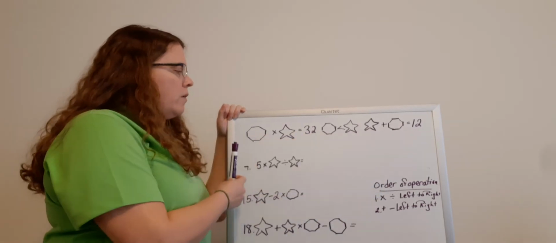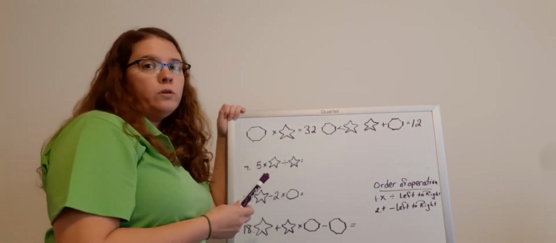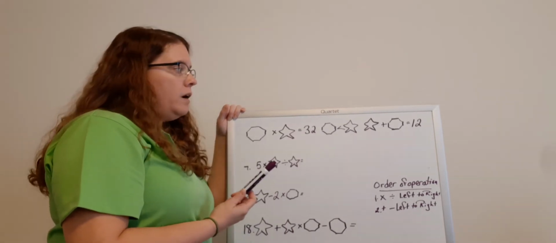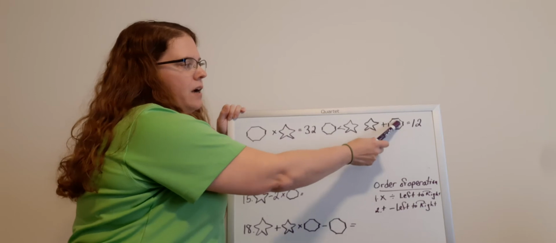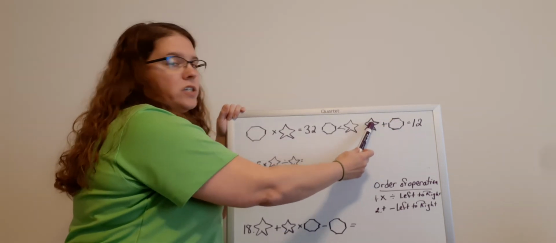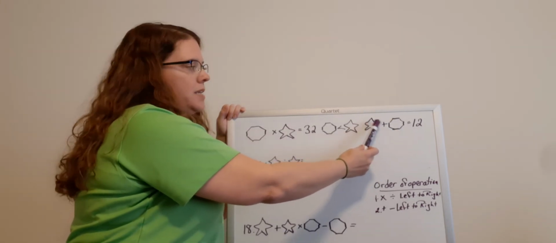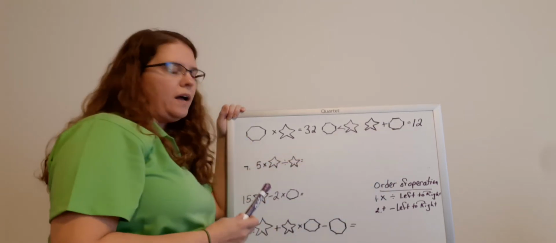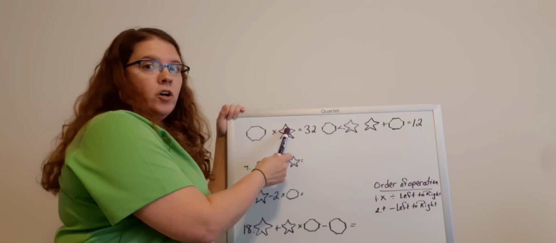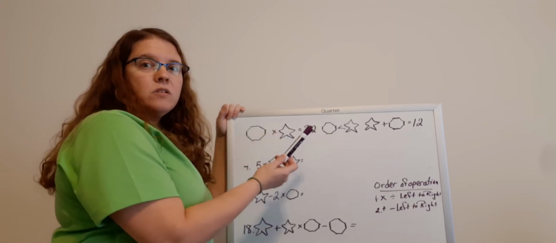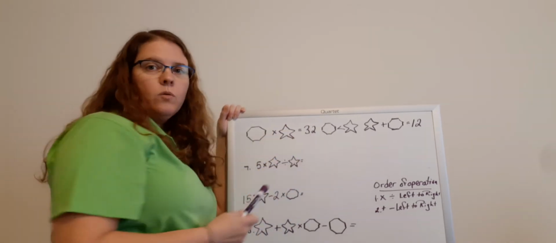So let's think about a different number. How about 2? Well, if my octagon is 2, my star is going to have to be 10 because 10 plus 2 equals 12. However, 2 times 10 is 20. It's not going to work.